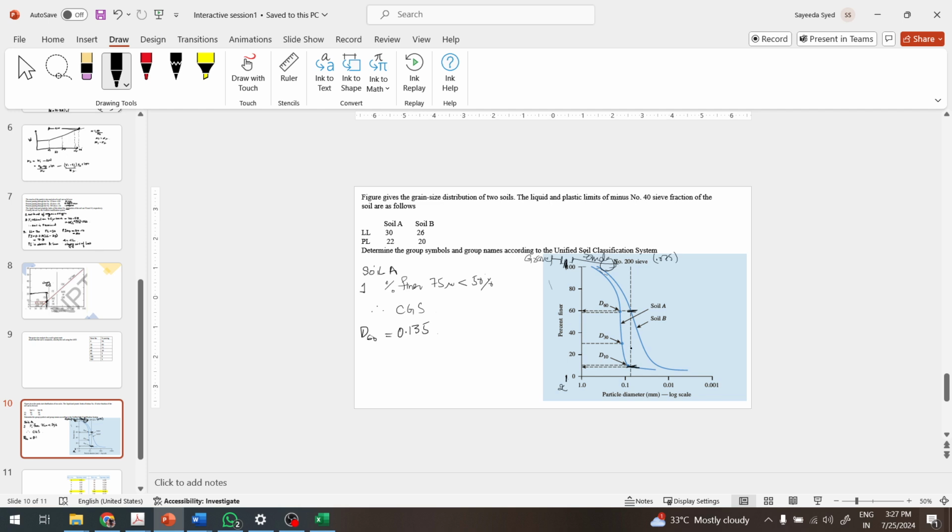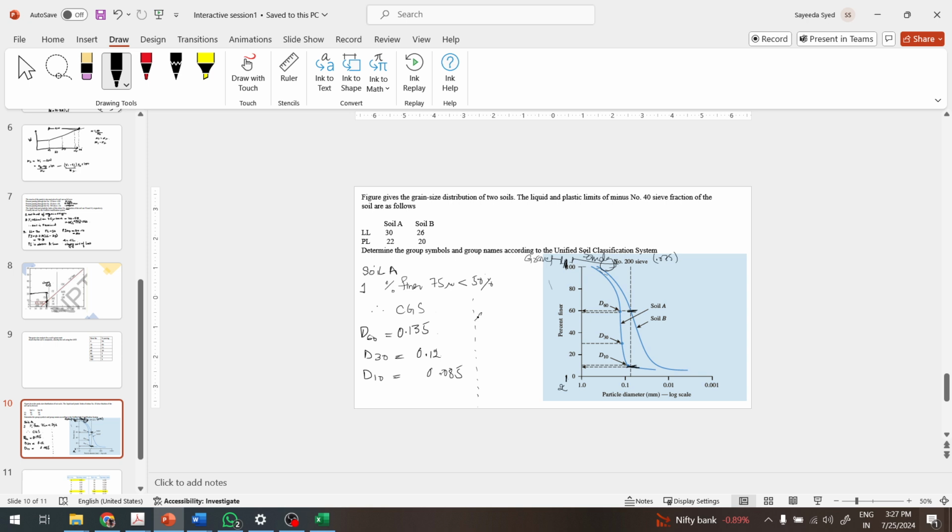You can read it from the graph. D30 equals 0.12 and D10 equals 0.085. So let us now calculate the Cu and the Cc.